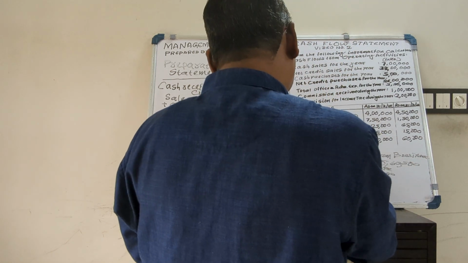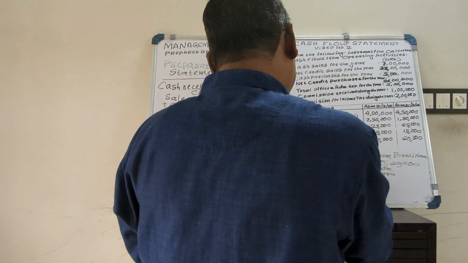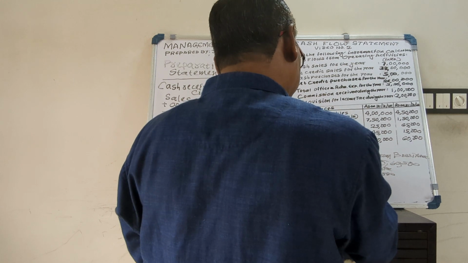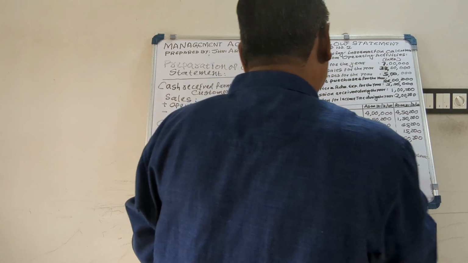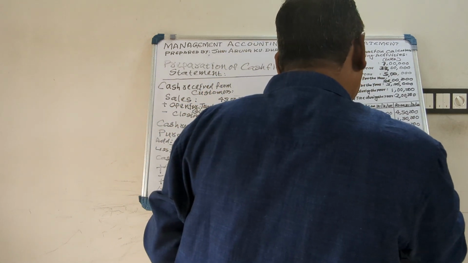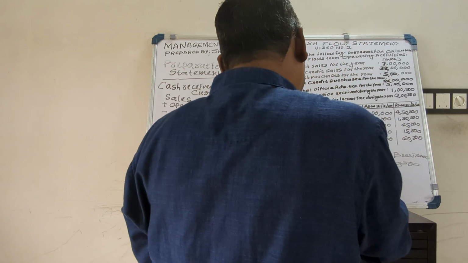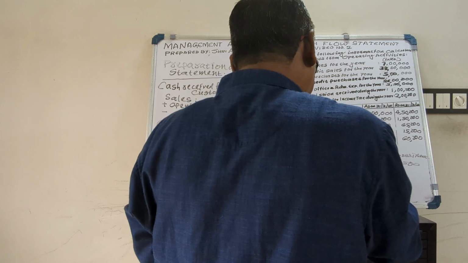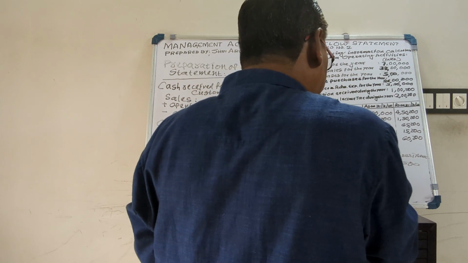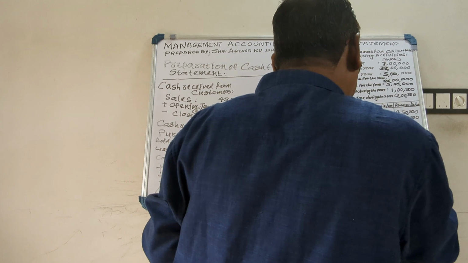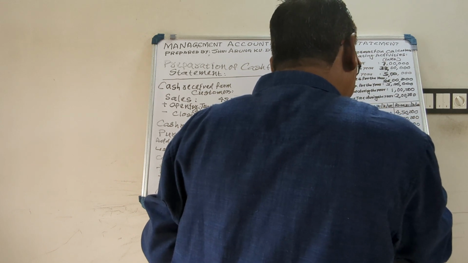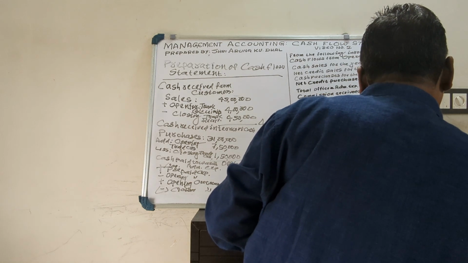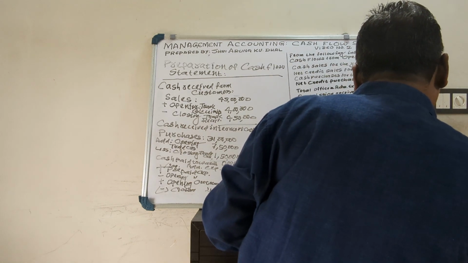Opening outstanding of tax is 50,000, less closing outstanding of tax, 60,000. So net is 1,90,000. So 5,60,000 minus 1,90,000.